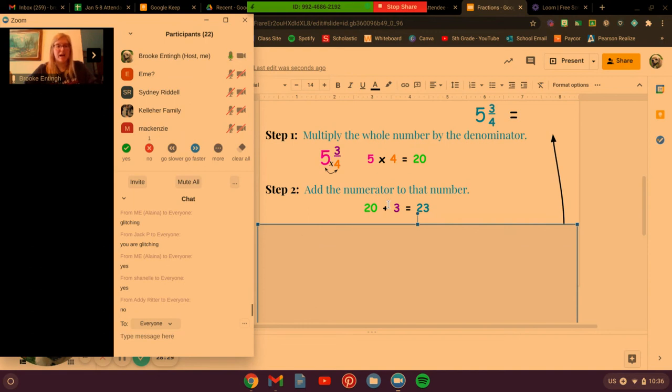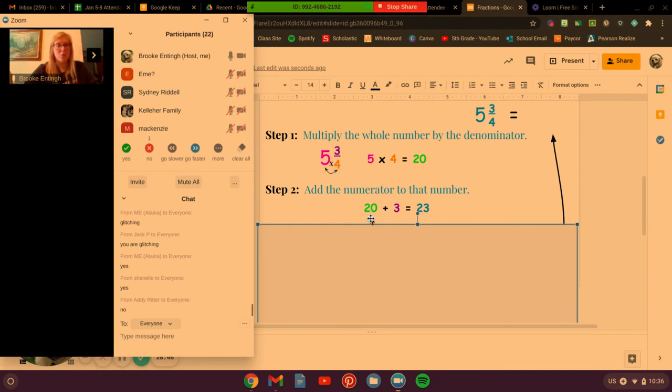So the reason why we would then add the 3 is because, okay, we have 20 pieces in those 5 whole pies. Well, we still have 3 extra pieces, because remember, this 3/4 means we have 3 pieces out of 4.